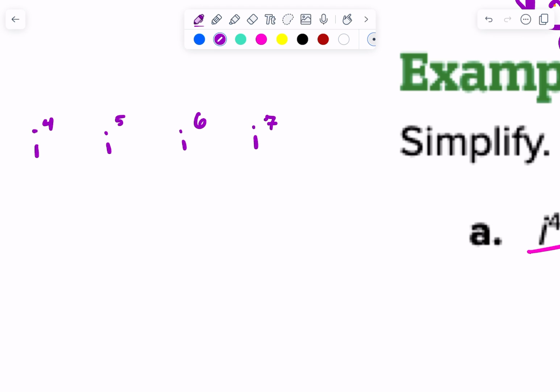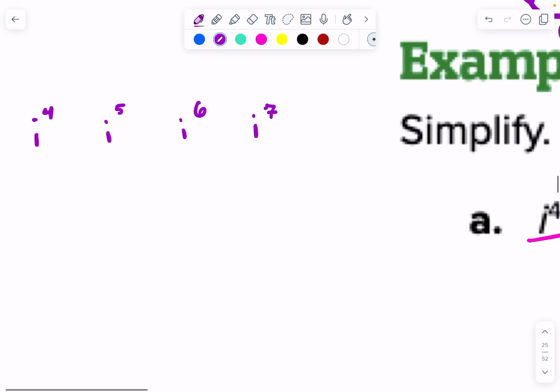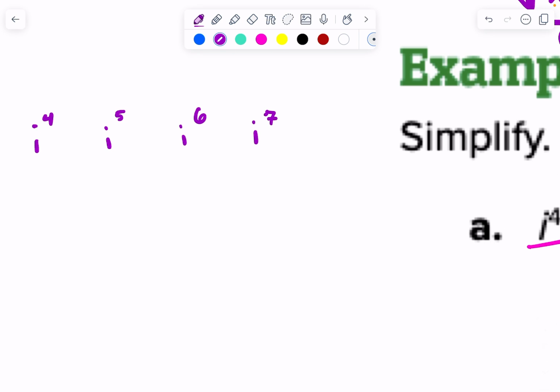Because when you have problems like this, there are only 4 different solutions that you're going to get. Just 4, that's it, and it's going to be one of these four. Okay, so i to the fourth power. Let's say we're breaking it down, right? I don't know what i to the fourth power is, but I know what i squared is.